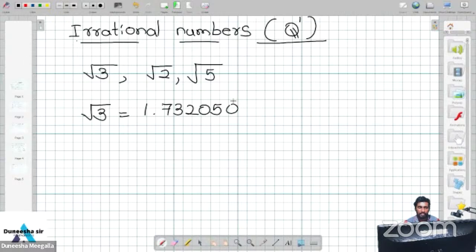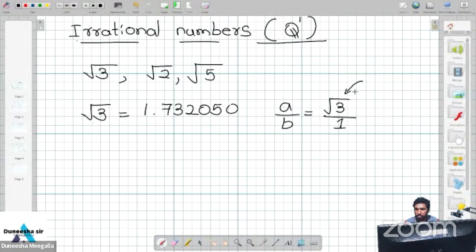Okay. Yes. Then can you remember what is the definition of rational numbers? The definition of rational numbers is A divided by B. Then in this question, root 3, the denominator is 1. Then is root 3 an integer?